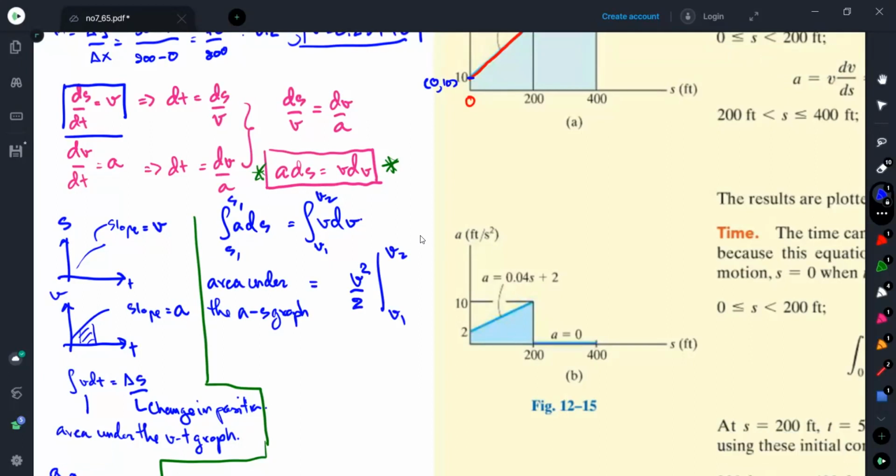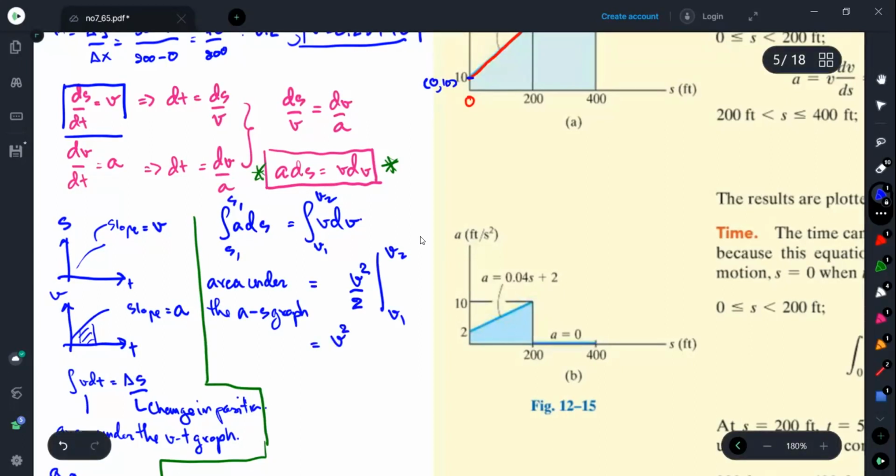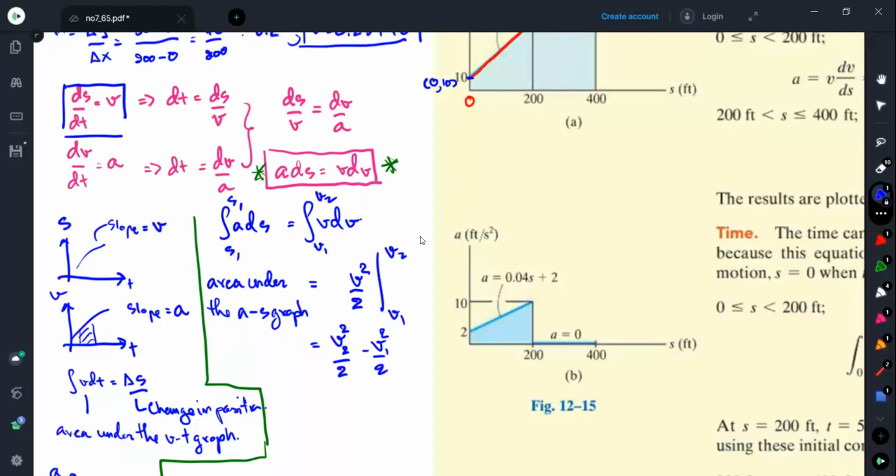It becomes v squared over 2, so the difference is v2 squared over 2 minus v1 squared over 2. So the area under the a-s graph is not exactly equal to delta v, but it is equal to v squared over 2 from v1 to v2 instead.